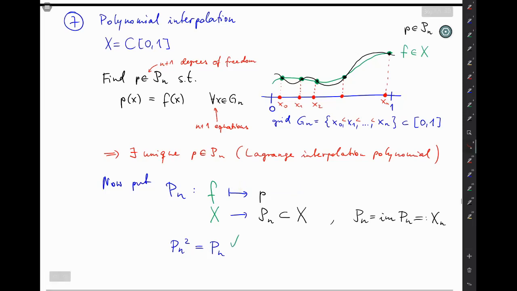In case you're still wondering why there exists a unique solution, well, maybe either you look back to your numerics 1 course, or maybe you want to understand this right now and here. Well, if you want to find such a polynomial, then of course you set up a polynomial with these n plus 1 degrees of freedom. And in order to find them, you have to solve a linear problem.